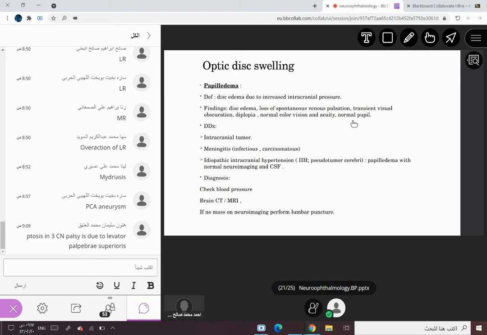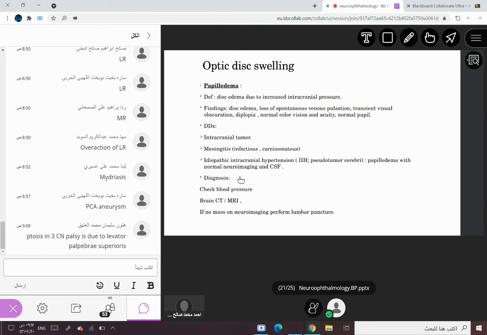So what are the differential diagnoses of papilledema? It could be due to intracranial tumor, meningitis, either infectious or carcinomatous, or idiopathic intracranial hypertension, which is the most common cause in some age groups. We call it idiopathic intracranial hypertension or pseudotumor cerebri, which is papilledema with normal neuroimaging and cerebrospinal fluid.